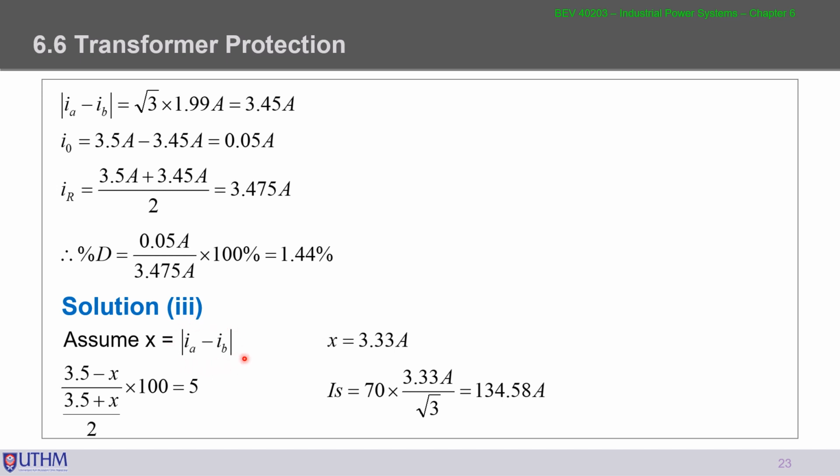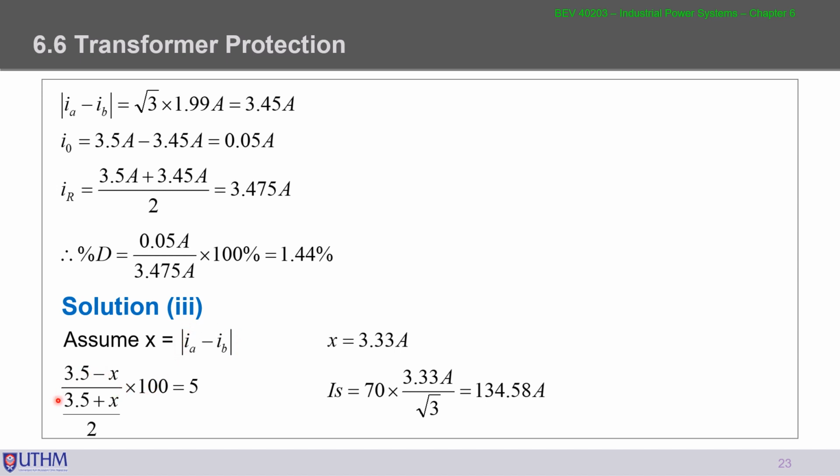This is the current transformer value at the secondary side. The small letter is for the secondary side. So we use the average formula to get the value of X. X represents the difference of the value at the current transformer at the secondary side.